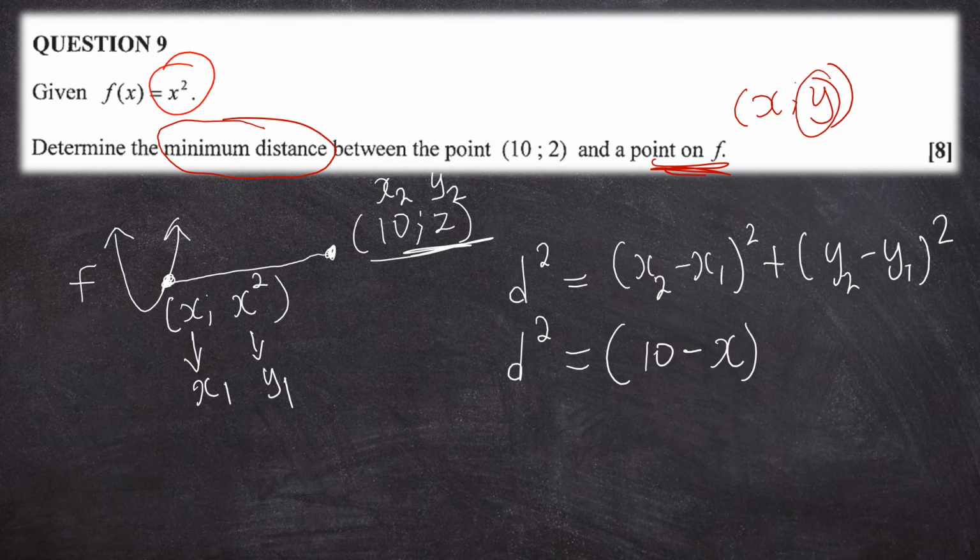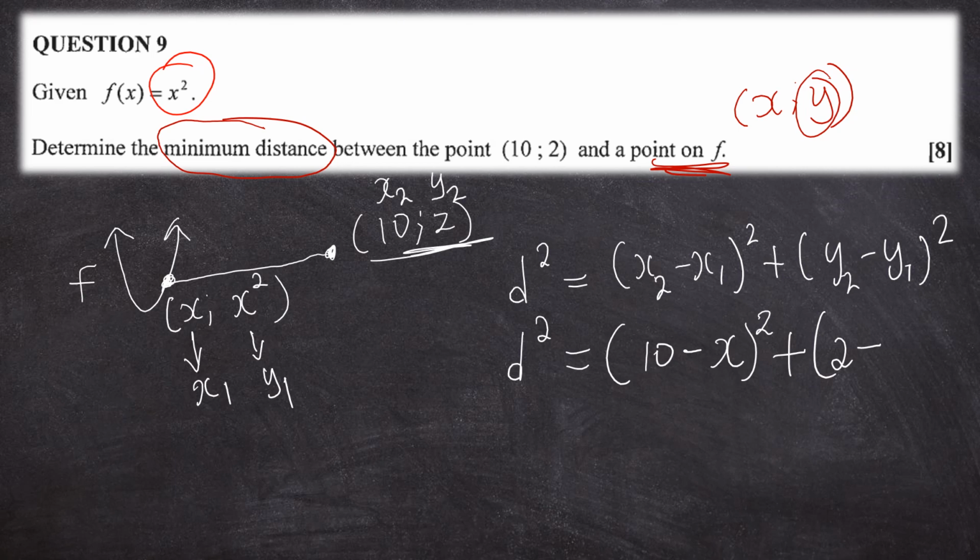So now we have x2 minus x1. In this case, it's 10, which is our x2, minus our x1, which is just x. We don't know that. This is squared. Plus y2. What is our y2? It is 2 minus what is our y1? Our y1 is actually y, right? Because it's on the graph f of x, we are replacing y by f of x, but we do know that f of x is the same as x squared.